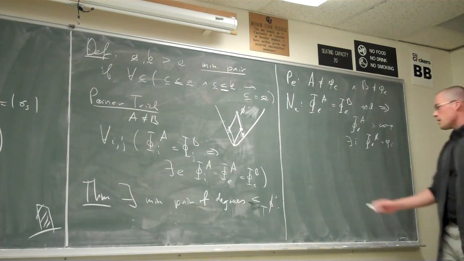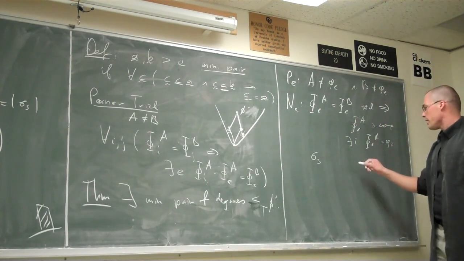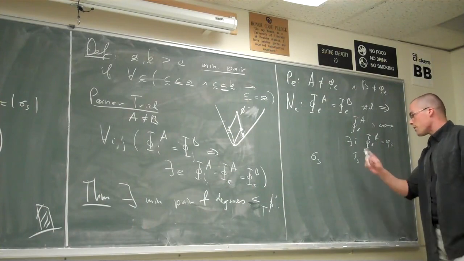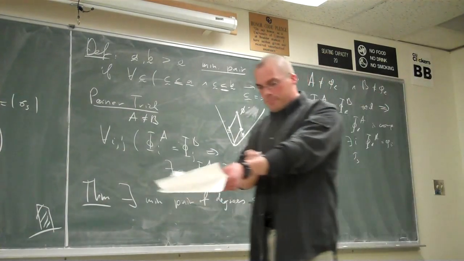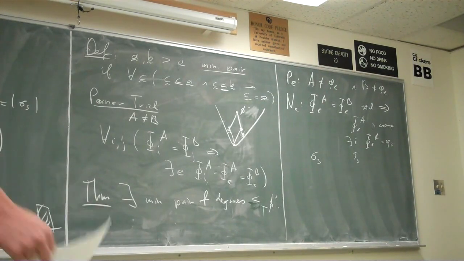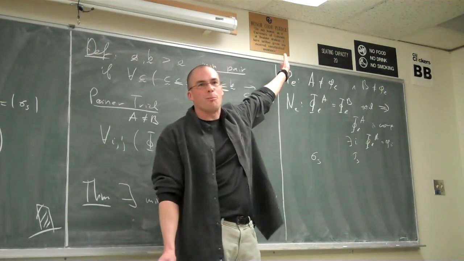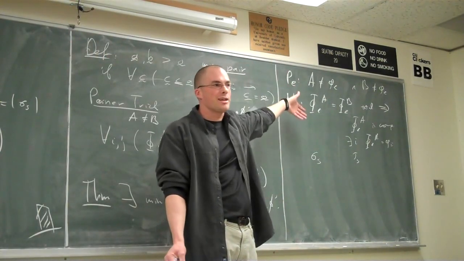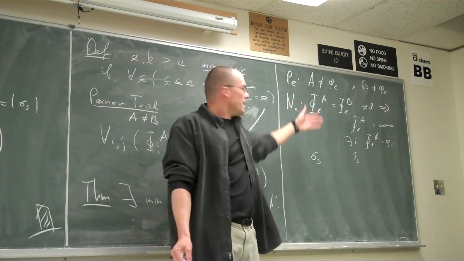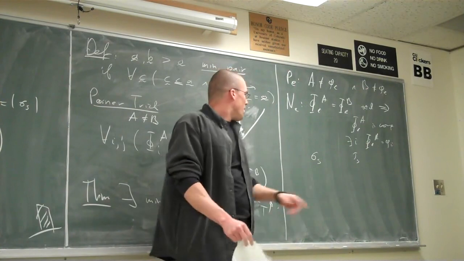Okay, so again we construct these sigma s approximating A, we construct tau s approximating B, and we do the bookkeeping in such a way that we work, say, on P e in the even stages and N e on the odd stages. At the even stage, you know exactly what to do.